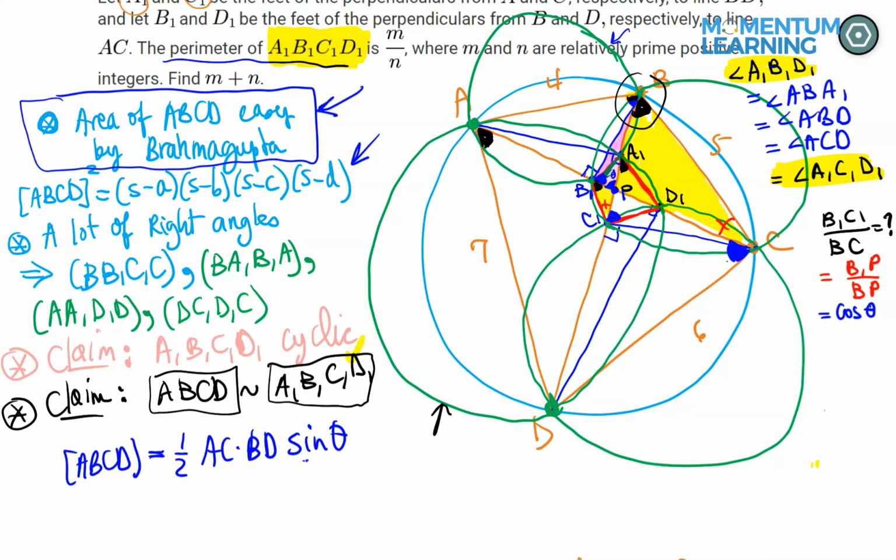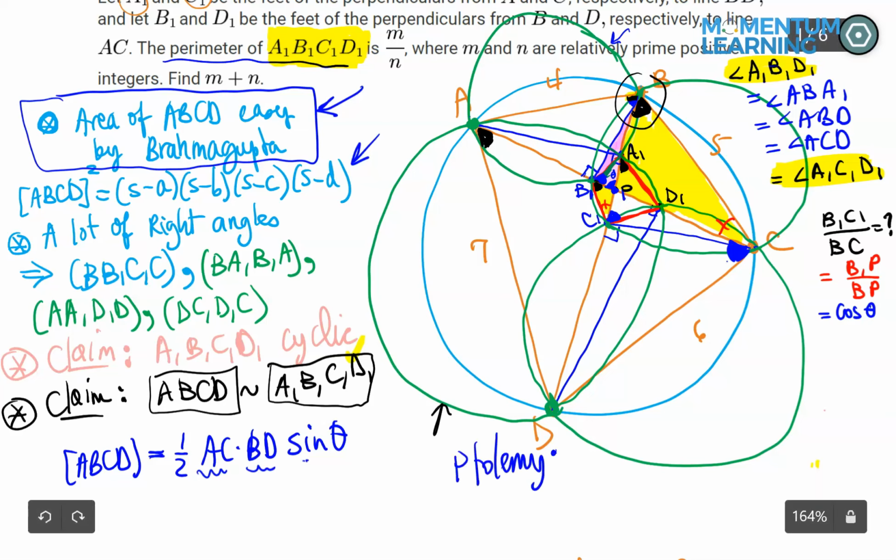You might say, wait a second, I don't know the length of the diagonals. How in the world am I supposed to find their product? Well, the good news is yet another result that we know: because we have a cyclic quadrilateral, we can benefit from Ptolemy's theorem.